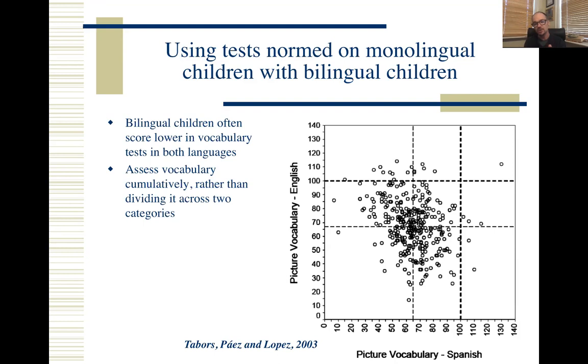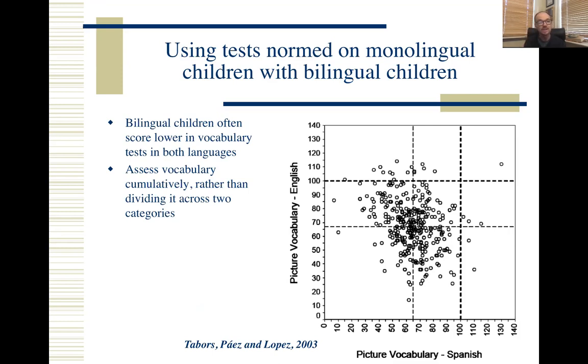But with this group, the less bold dotted lines are the norms for this sample. And so the norm for Spanish is lower, and the average for English is lower. And so you've got these kids clustered, if you look at the bold averages again, in the lower left-hand quadrant of those averages, that is, low performing in both languages.